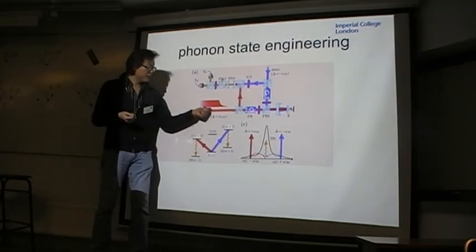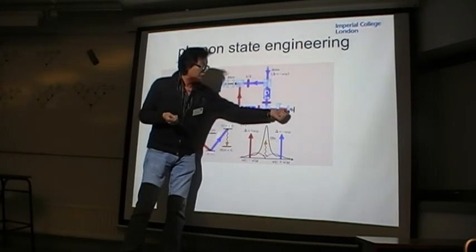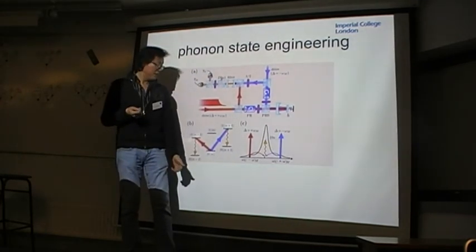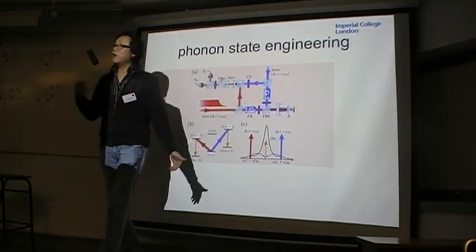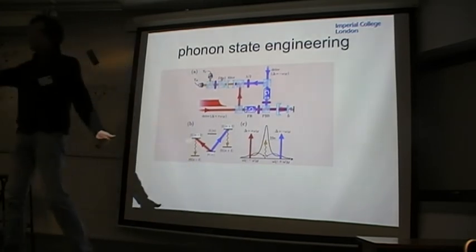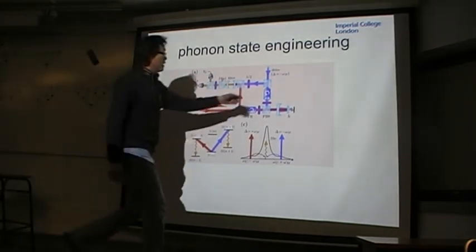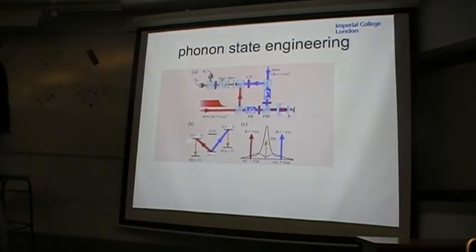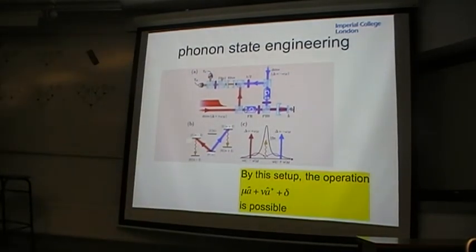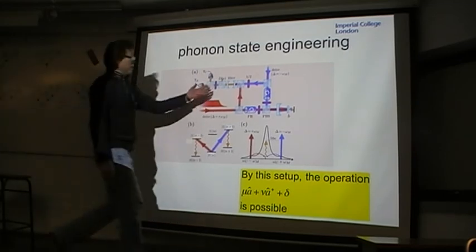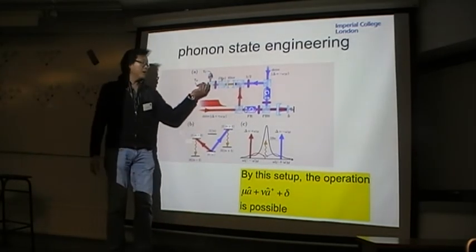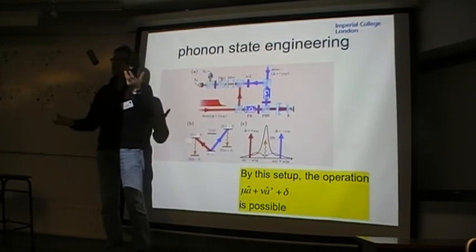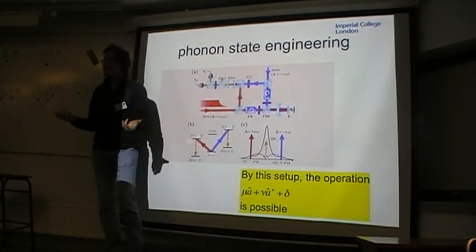Had this one been interacting with the nanomechanical oscillator, it should have been a B operation, a subtraction operation, and had it been this, it should have been the addition operation. But by detecting the photons here, we don't know which operation has happened.